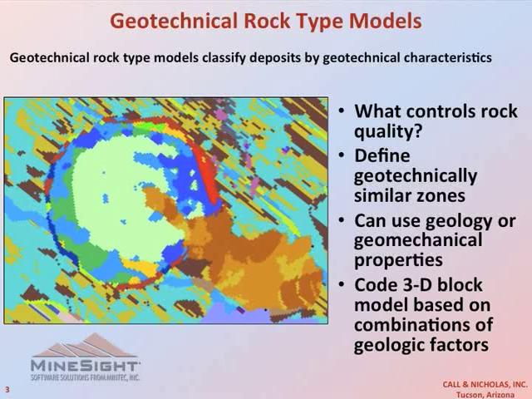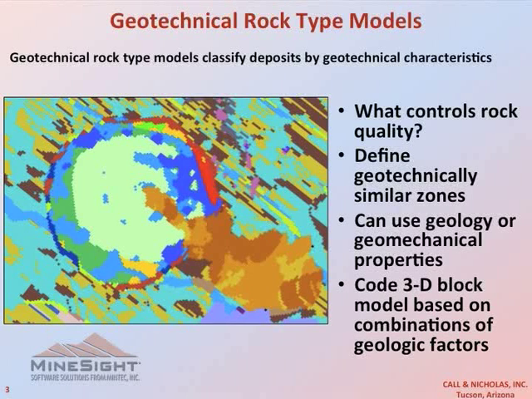We then go in and define geotechnically similar zones. I'll go through an example and show you how we're trying to define these different zones and where they lay within a final pit or a phase of one of the pits. When we build these models, we can either use geology or geomechanical properties.